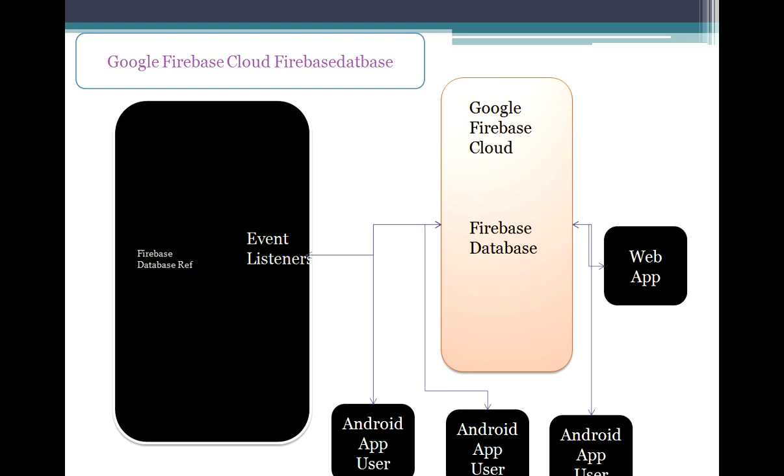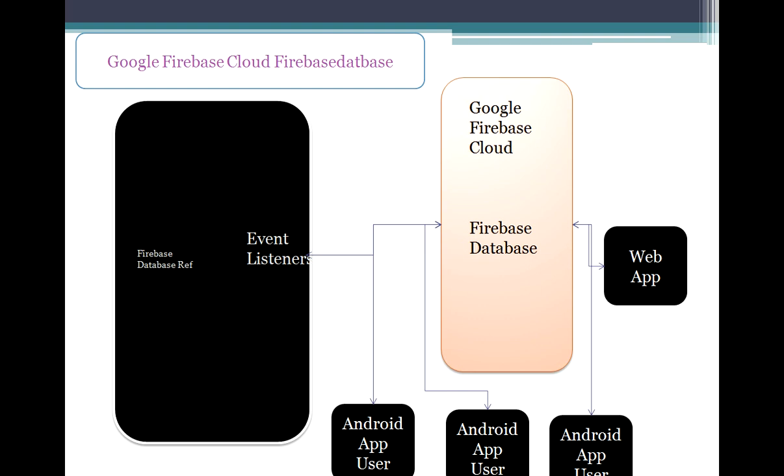Once you integrate Firebase Cloud and the Firebase database in Android, as we have seen in the initial setup on how to integrate Google Firebase Cloud in an Android app, and the Firebase database we have to include in Gradle.